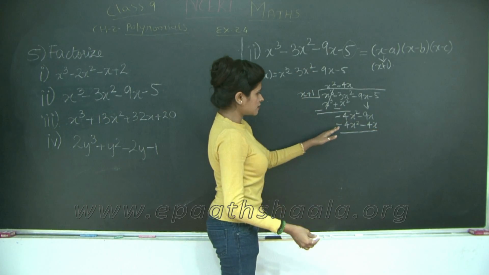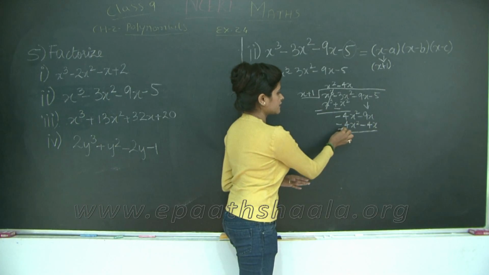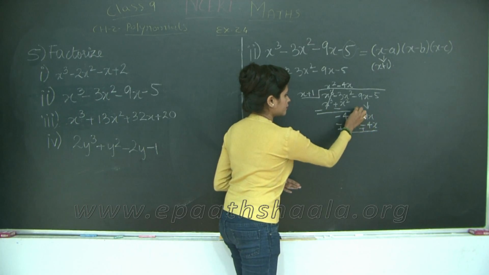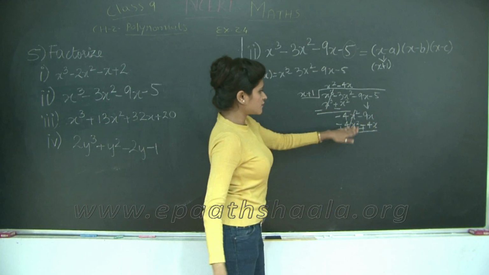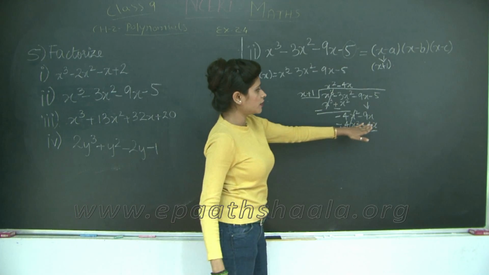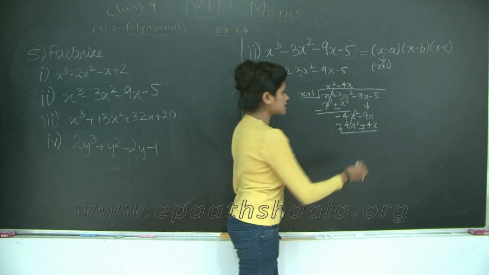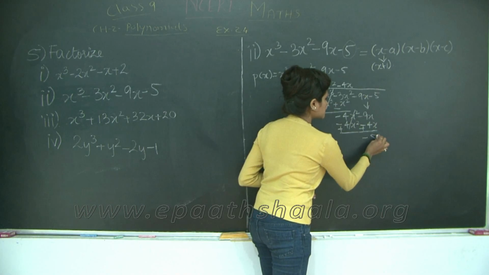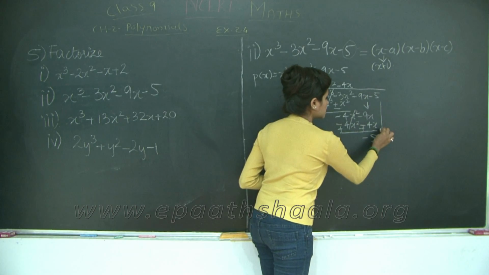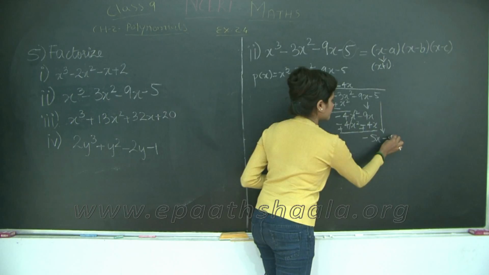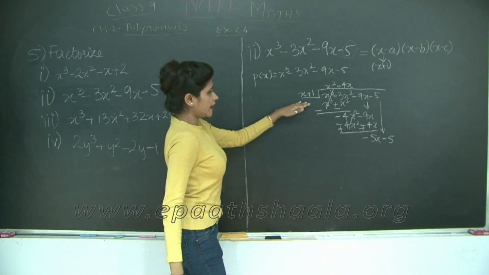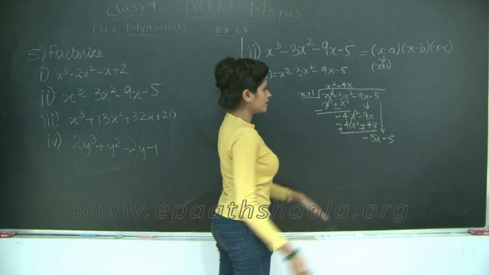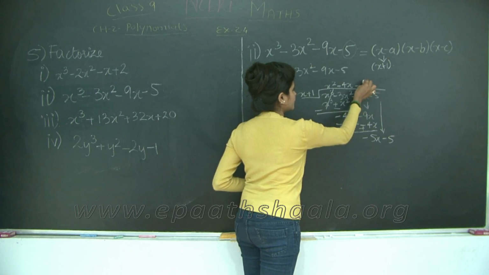Now since there are negative signs, they will become positive here. Minus 4x square and plus 4x square cancel out. Now minus 9x plus 4x gives me minus 5x, and I bring down minus 5. Right? So x into what will give me minus 5x? Clearly it is minus 5.